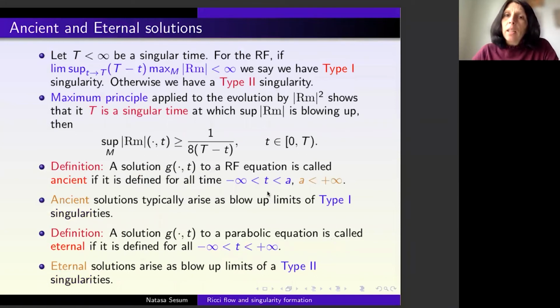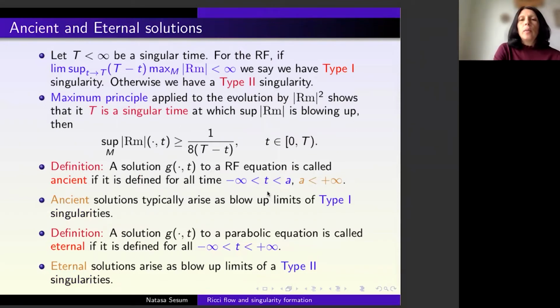When we talk about singularities, we distinguish between two types: type 1 and type 2 singularities. Let's assume that capital T is a singular time.